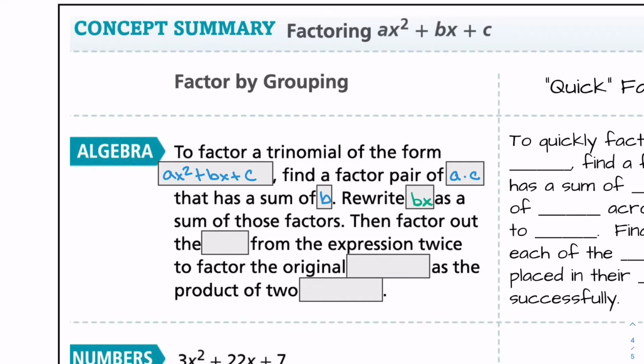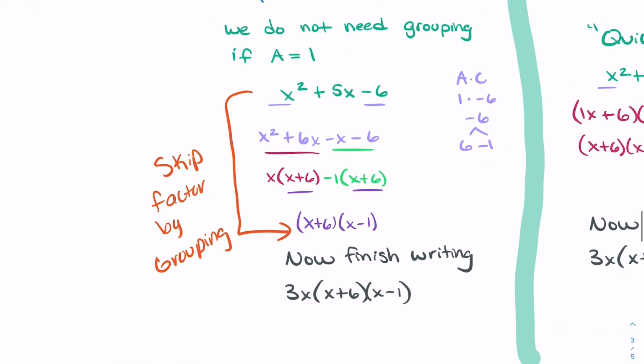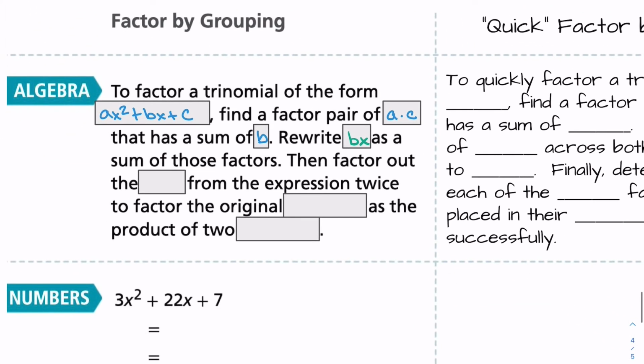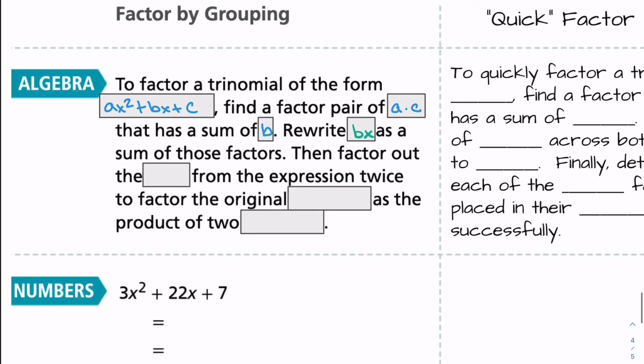And once we did that, we then had to factor it again. We had to factor out this, which is our greatest common factor. So we're going to factor out this GCF, or greatest common factor, from the expression twice to factor the original trinomial as the product of two binomials.